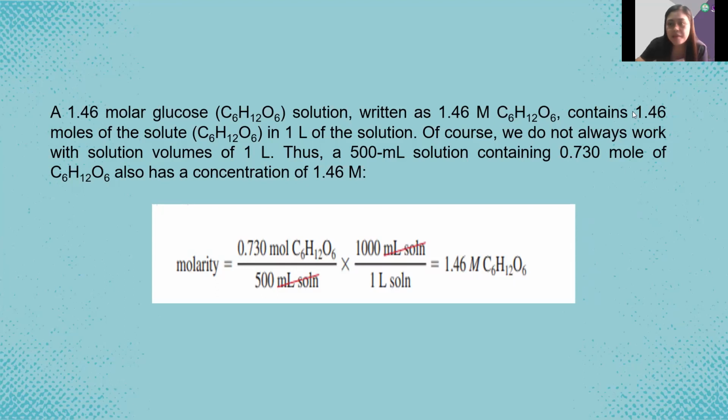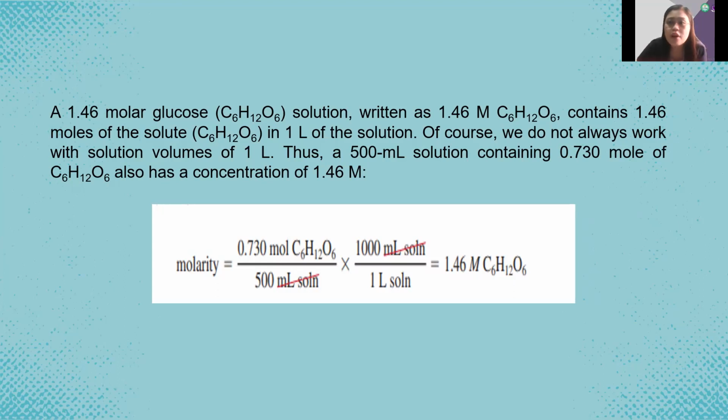So the first thing, remember in problem solving, you have to read the problem carefully first and try to understand it. So we have here a 1.46 molar glucose solution. The C6H12O6 is the chemical formula for our glucose, written as 1.46 M. Glucose contains 1.46 moles of the solute in 1 liter of the solution.